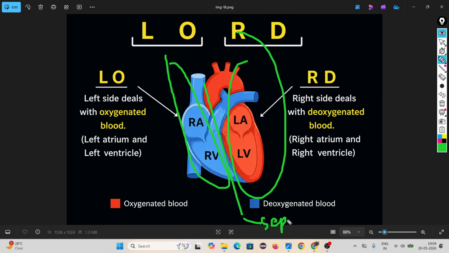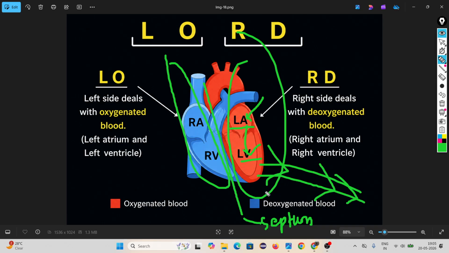Actually, LO stands for left side deals with oxygenated blood. Always remember the left atrium and left ventricle always deal with oxygenated blood. That means the oxygenated blood is coming from the left atrium to the left ventricle. From the left ventricle, it will go to the arteries.